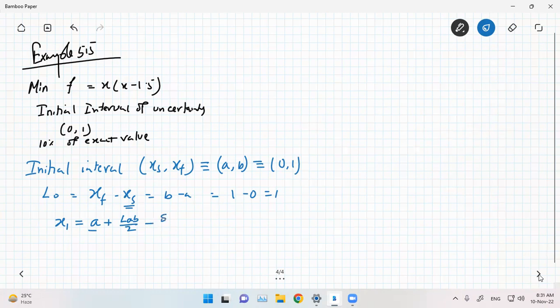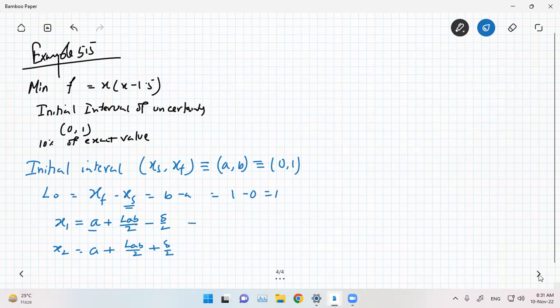And then our x2 has to be equal to the starting value plus Lab by 2 plus del by 2.